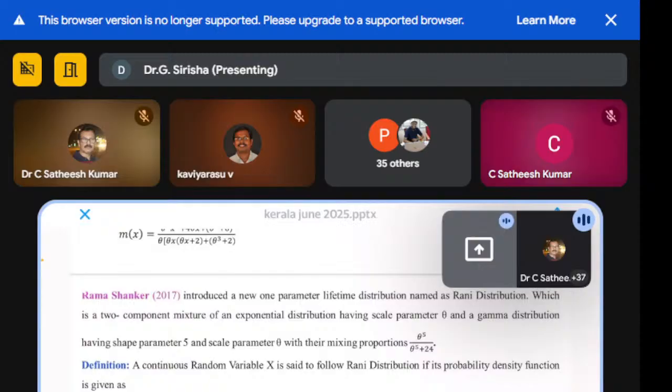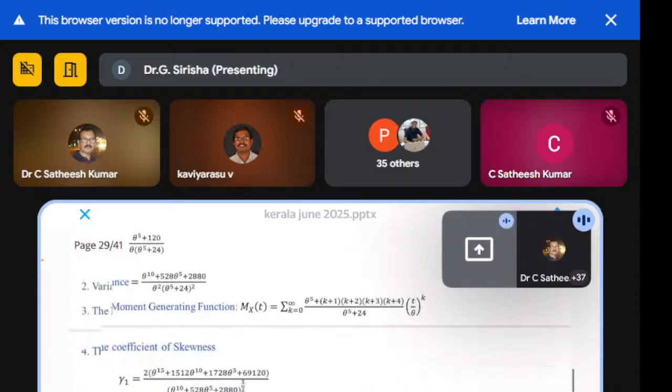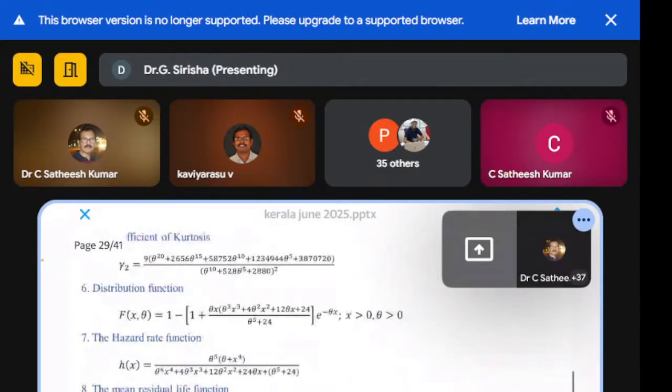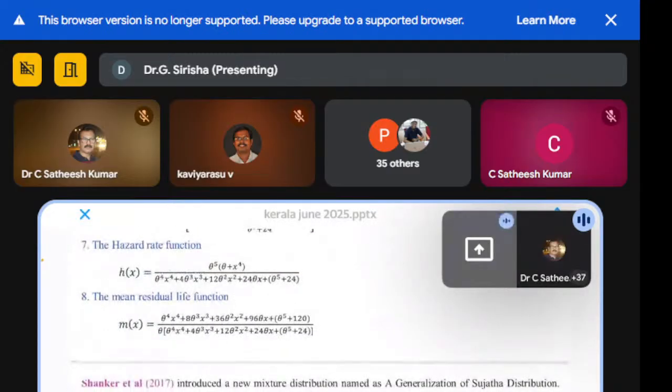Mixing proportions are theta power 5 by theta power 5 plus 24 and 24 by theta power 5 plus 24. The density is given to be in this form. These are the distributional properties which they have derived.